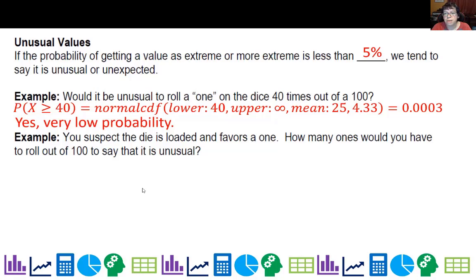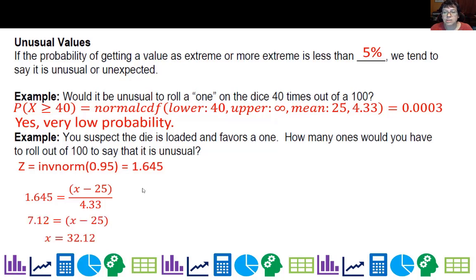How many 1s would you have to roll out of 100 to say it is unusual? So if it favors a 1, that's on the high end, right? So I get the z-score for 95% is below, 5% is above. And then I substitute in and solve for the value. So I get that x is 32.12. So anything higher than 32 would imply that maybe the die is loaded.